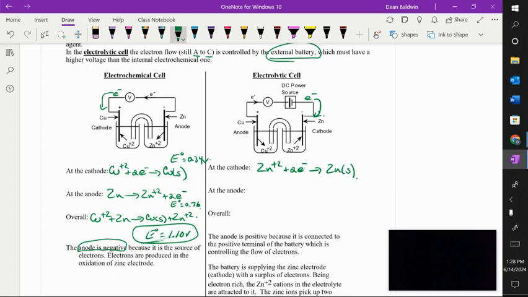And at the anode, because the electrons are flowing away from it, the copper is being oxidized to copper 2+. So the overall reaction is the reverse of the previous one. So it's zinc 2+ plus copper solid, zinc solid plus copper 2+, aqueous.